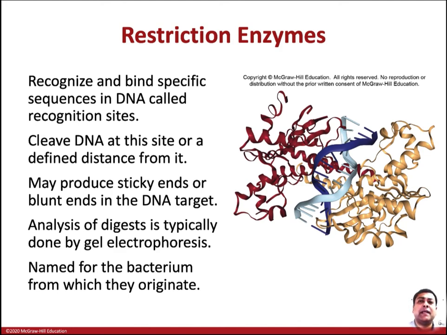What do we mean by palindromic in the sequence? When you read the sequence on the 5' to 3' strand, and then read the sequence backwards on the 3' to 5' strand, they are going to be the same.